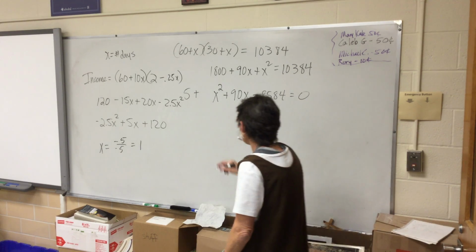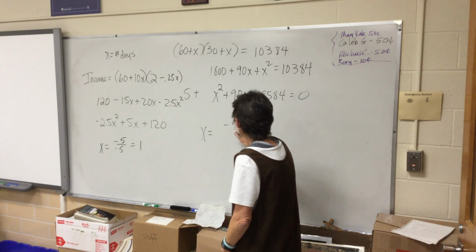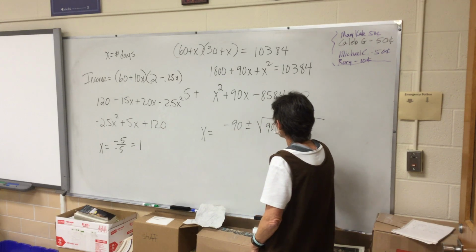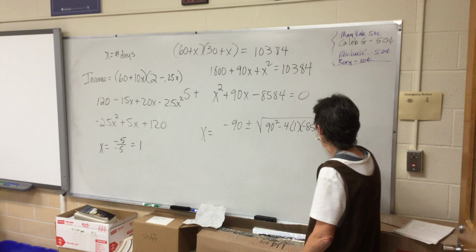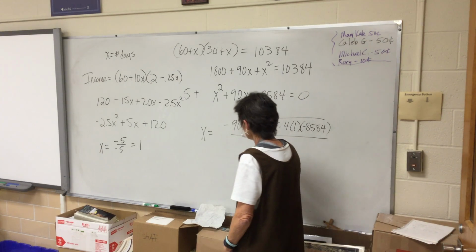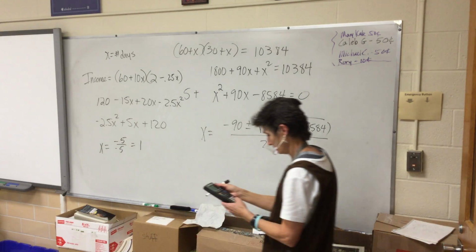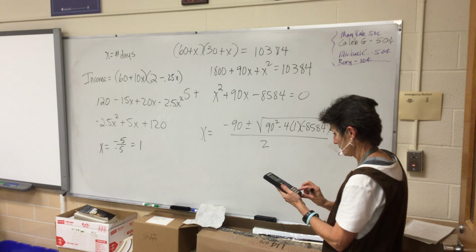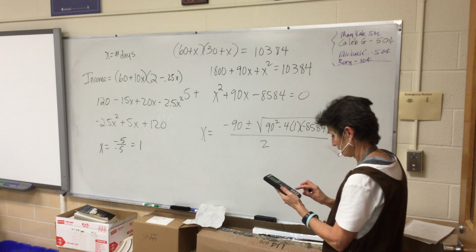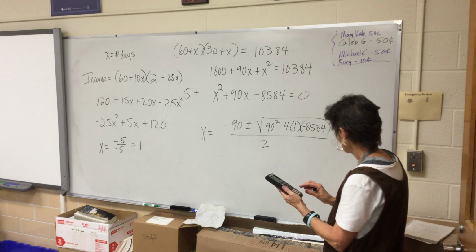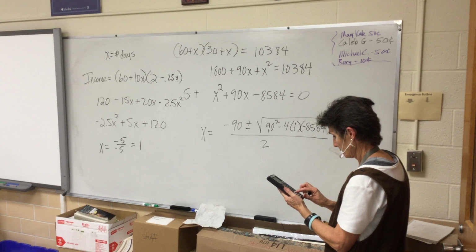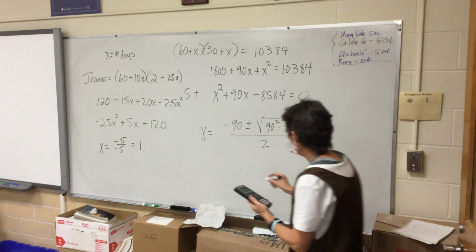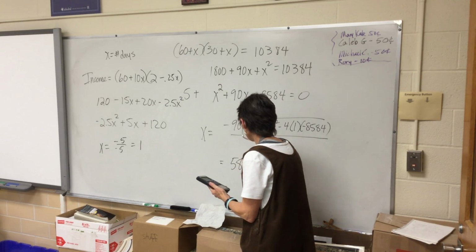I think I'm just going to go ahead and use the quadratic formula. Yeah, don't be scared of the big numbers. You just type them in. I got 58 for one answer.